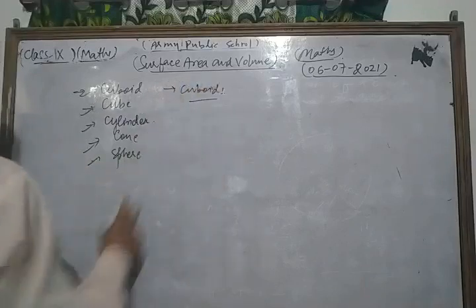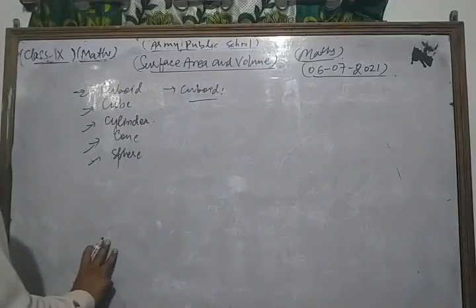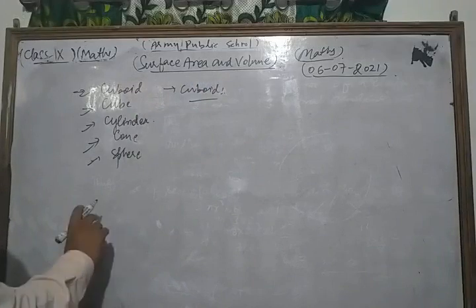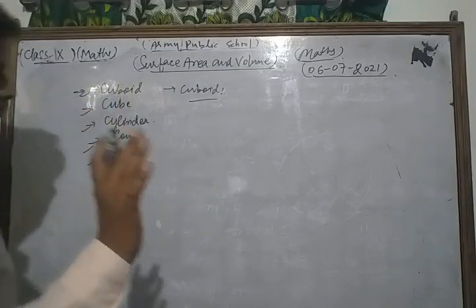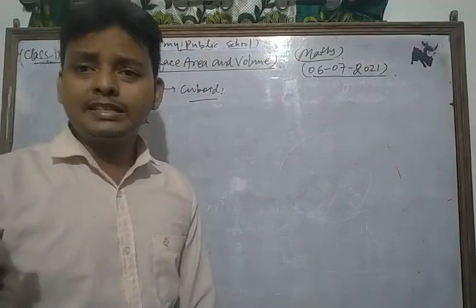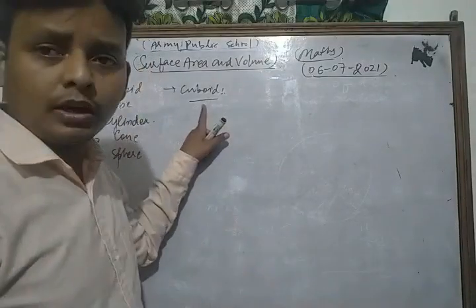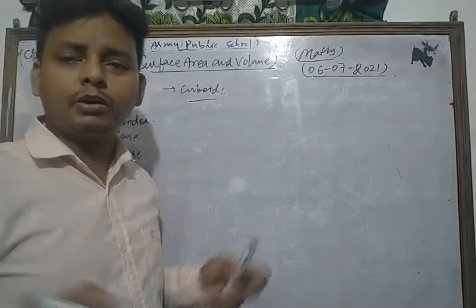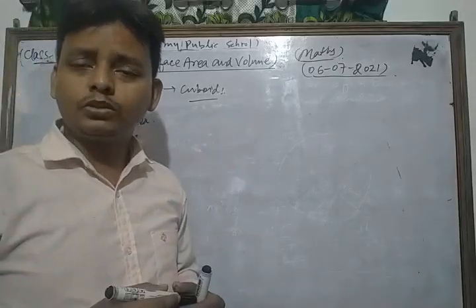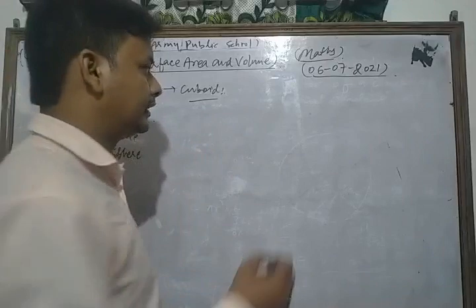What is the concept of a cuboid? Dear student, a cuboid is a solid bounded by six rectangular plane regions. This is a solid which is bounded by six rectangular closed figures, like that.